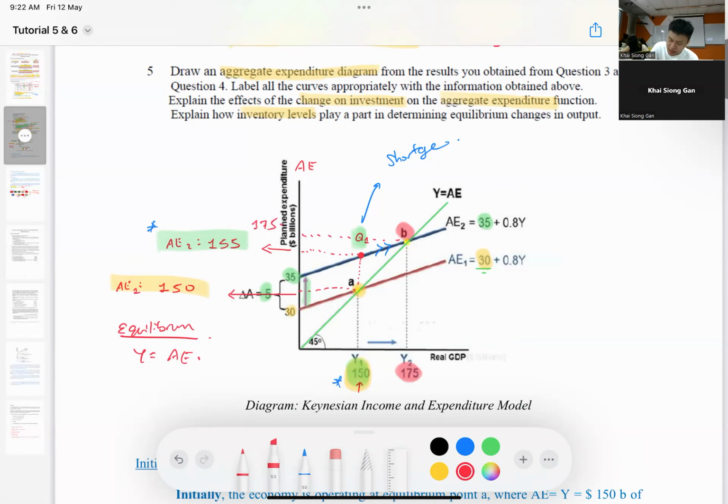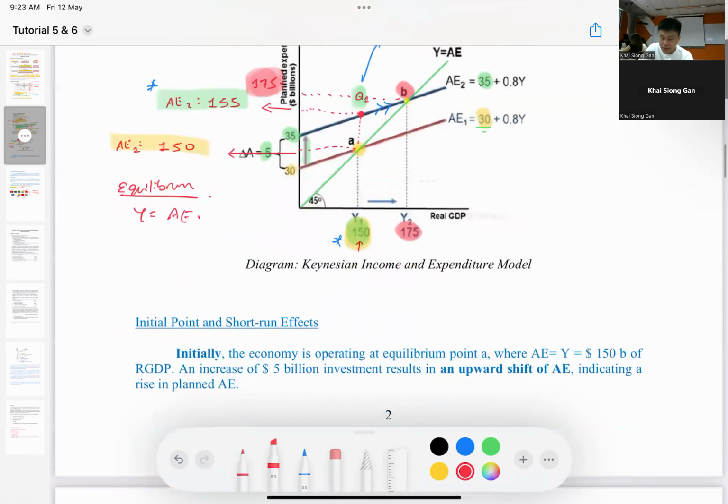So at the end, it goes back to the new equilibrium in which my aggregate expenditure equals my total output. Again, all these values you got from the calculation just now. So let's have a look at how I explain it.